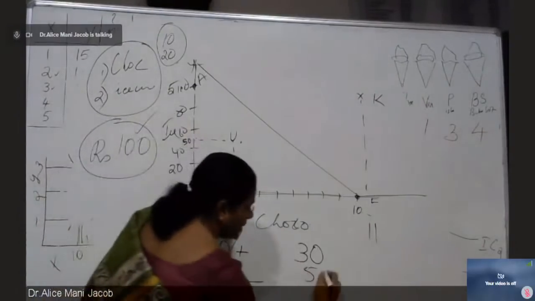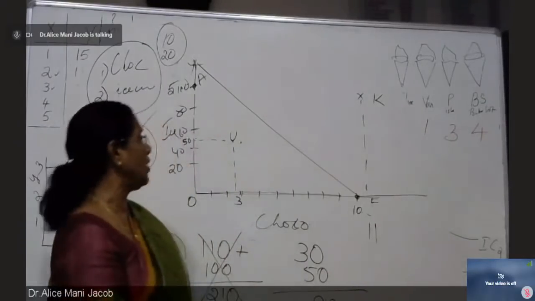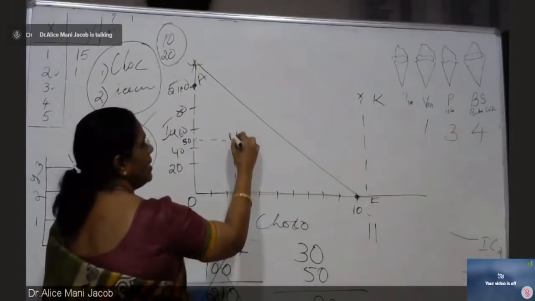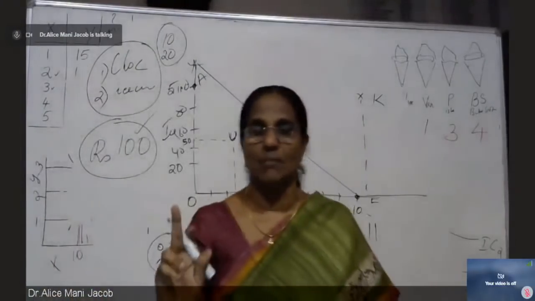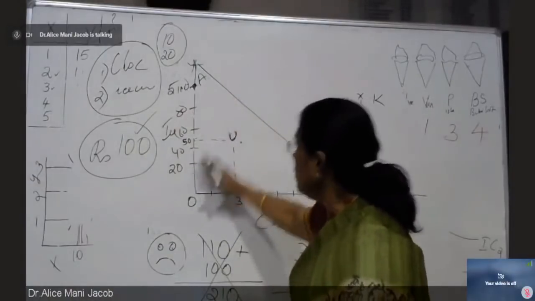So 30 rupees on chocolate and 50 rupees on ice cream. You are spending only 80 rupees. You're not spending the entire amount.